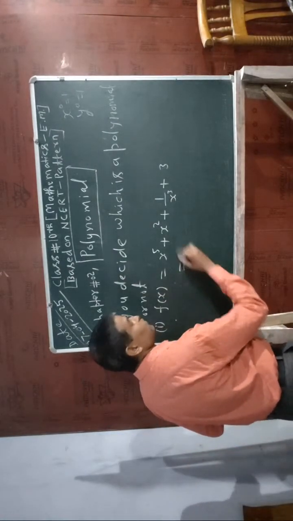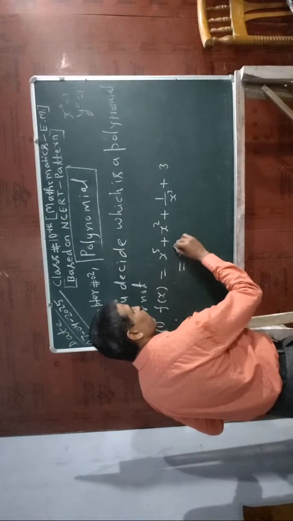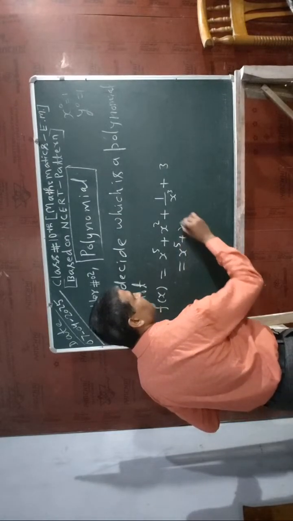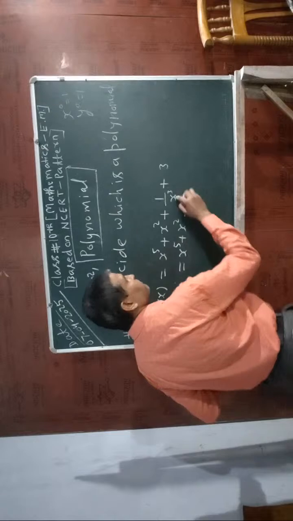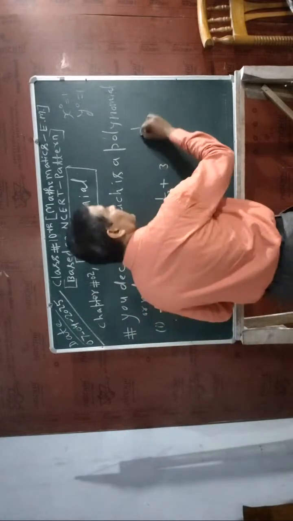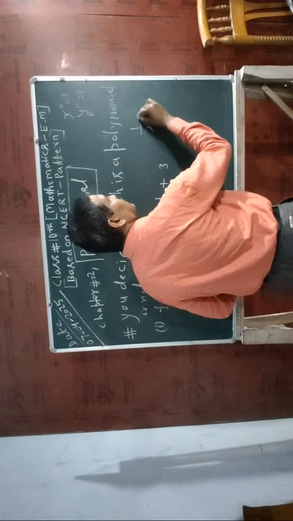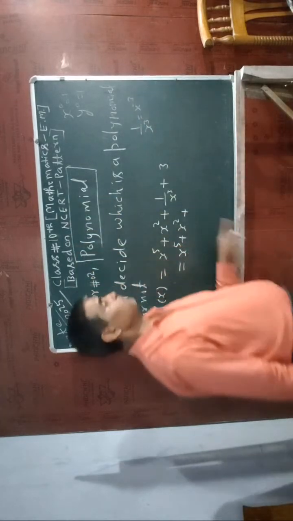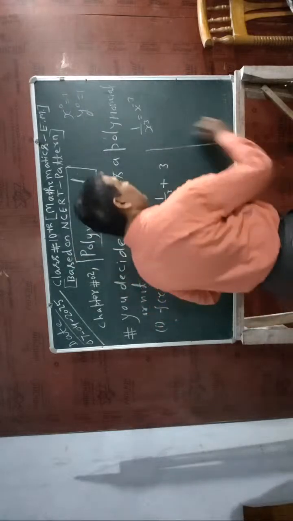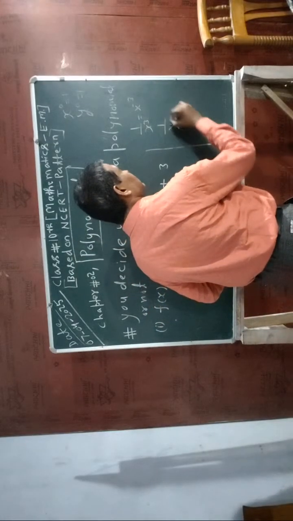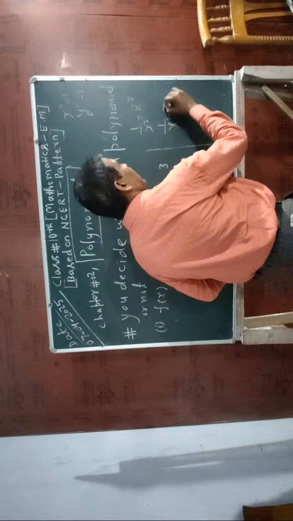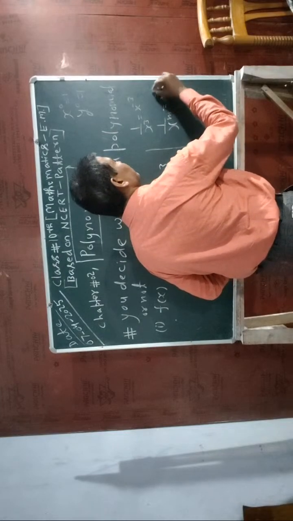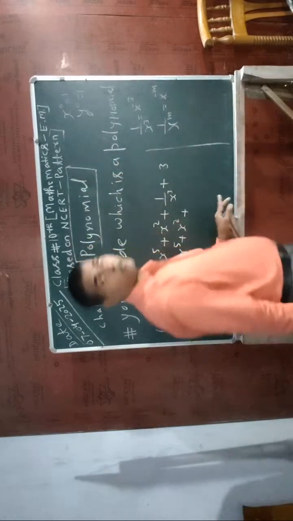Now I am going to arrange it in numerator form. x to the power 5, x to the power 2, plus here 1 upon x to the power 3. I can write it as x to the power minus 3, because you already read in class 9 that 1 upon x to the power m becomes x to the power minus m.